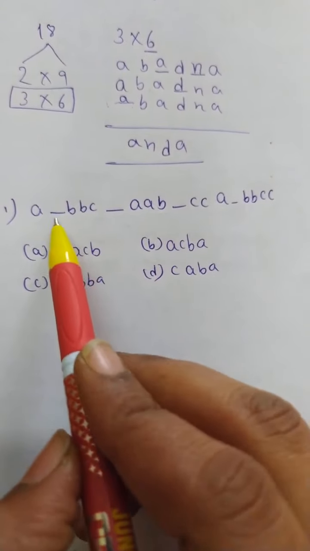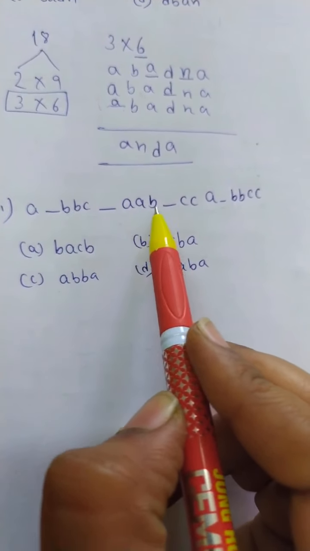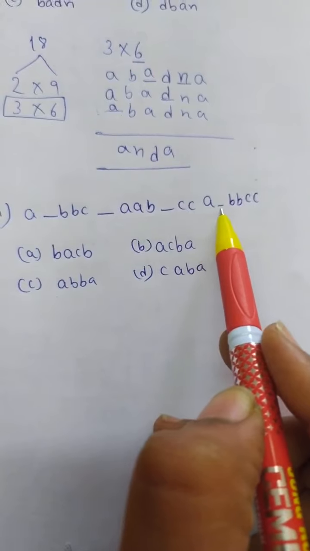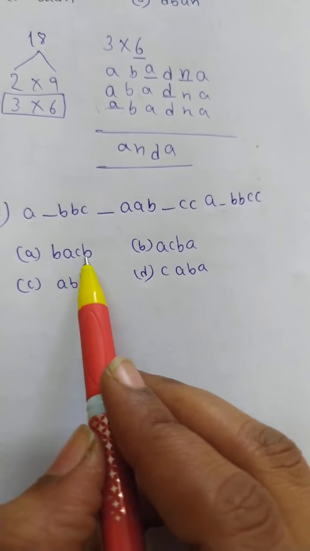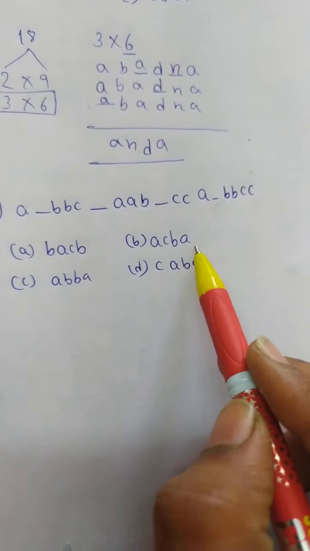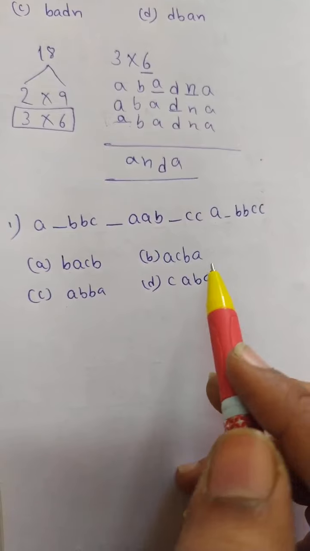Here we have one more series. A dash B B C dash A B dash C C A dash B B C C. Options are B A C B, A C B A, A B B A, C A B A. Let's solve this.